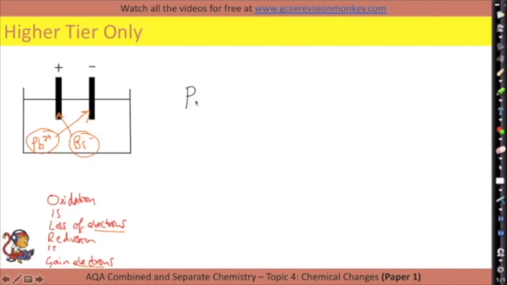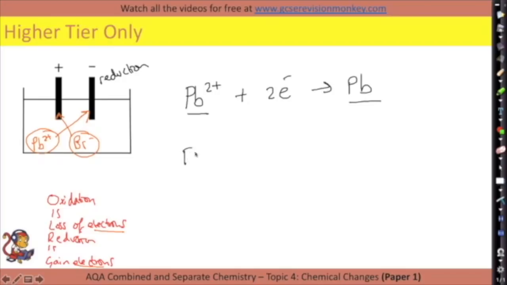So lead ions, when they go to the negative electrode, they gain electrons and turn into lead atoms. So that is the half equation for what is happening at this electrode. And because they're gaining electrons, reduction is happening at the negative electrode. Lead ions are turning into lead atoms.